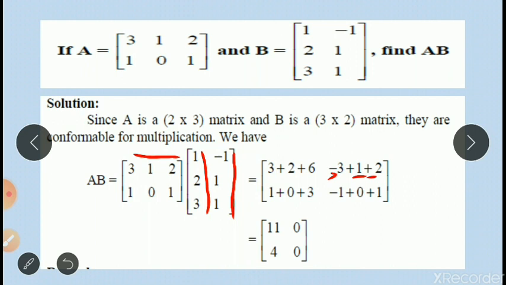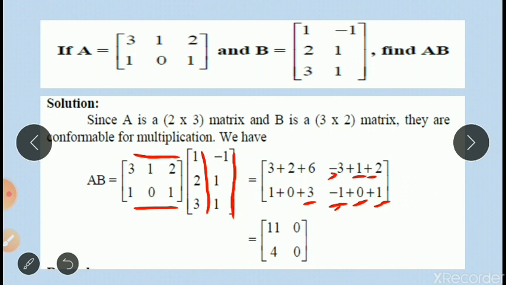Next we have to multiply the second row with first column. 1 into 1, 1, 0 into 2, 0, 1 into 3, 3. Next second row with second column. 1 into minus 1, minus 1, 0 into 1, 0, 1 into 1, 1.